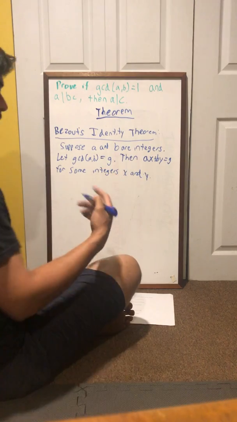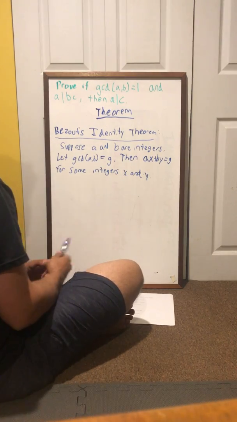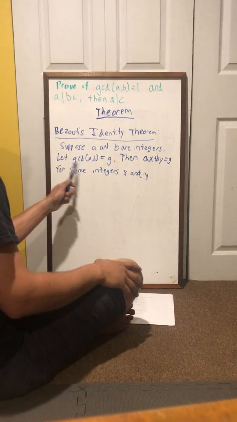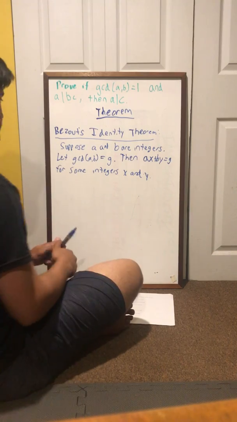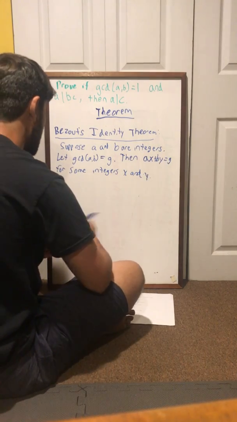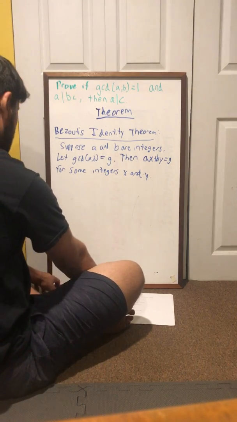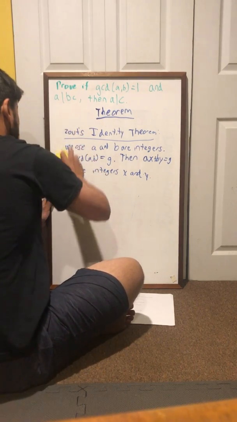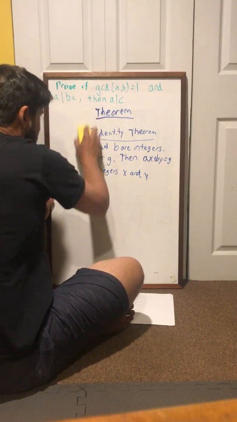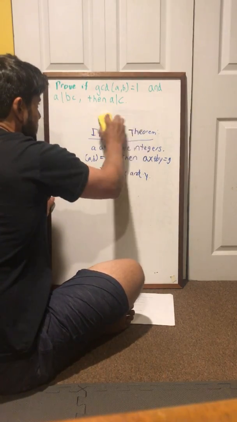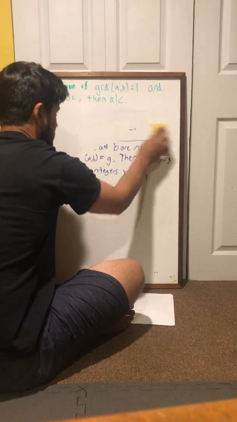So the Bezout's identity theorem, suppose A and B are integers, let GCD of AB equal G, then AX plus BY equals G for some integers X and Y. Okay? So now we have all the definitions and theorems that we're going to need to solve this proof here.